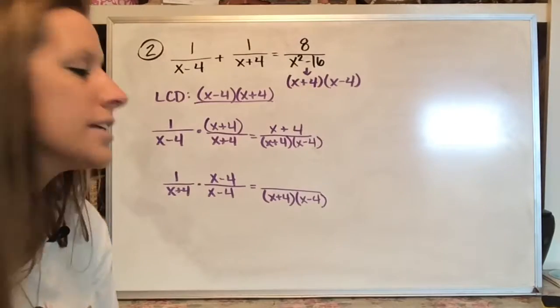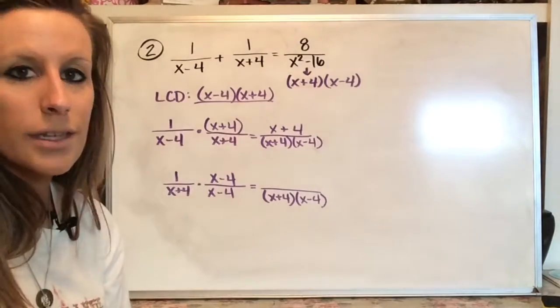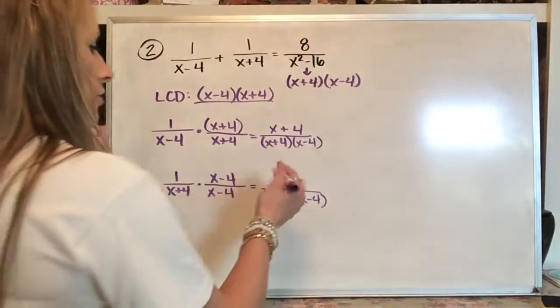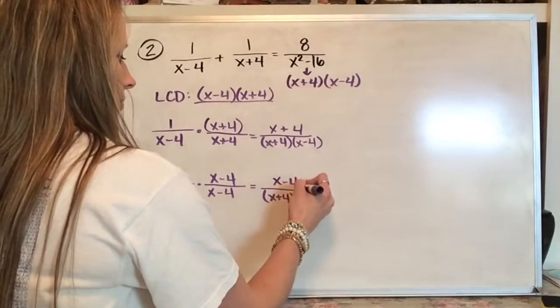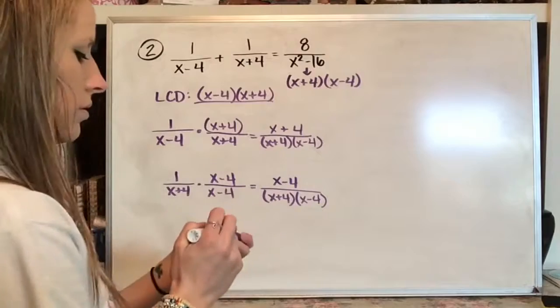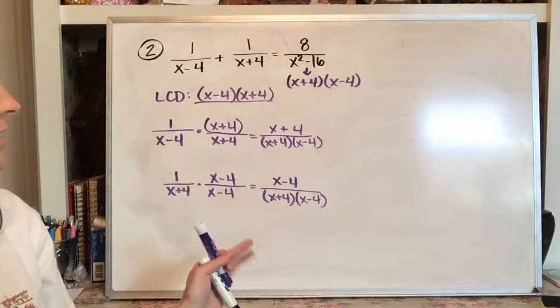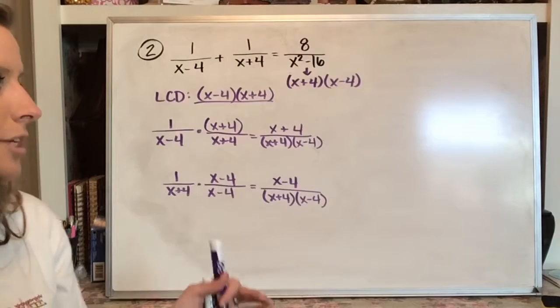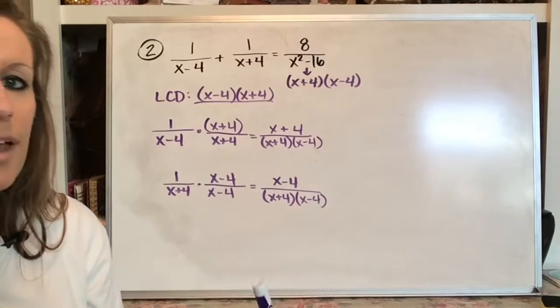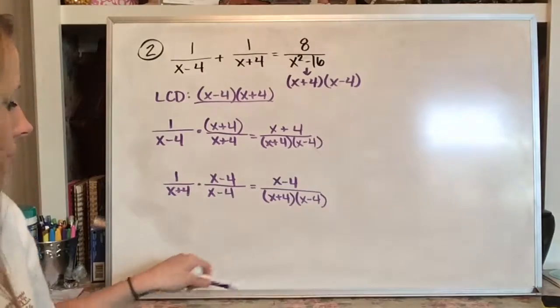All right, same as the last fraction, 1 times anything is just itself. So that's going to give me x minus 4 here. All of our fractions have x plus 4, x minus 4 in the denominator, so I don't have to worry about the denominator anymore.